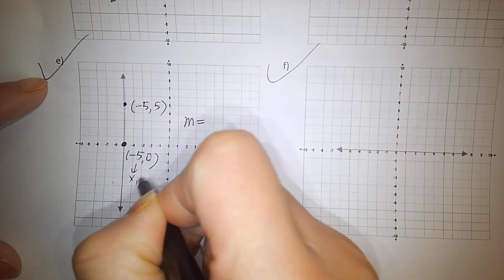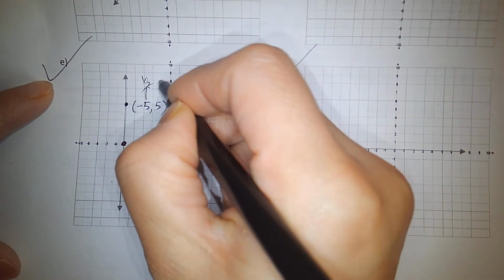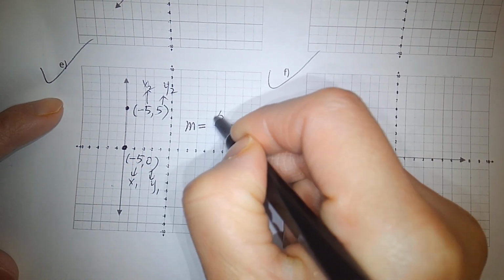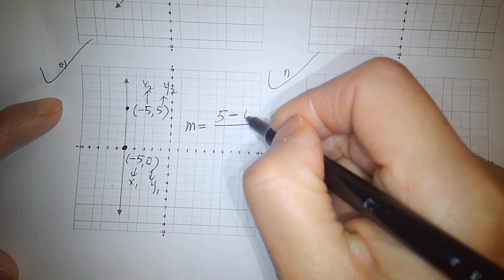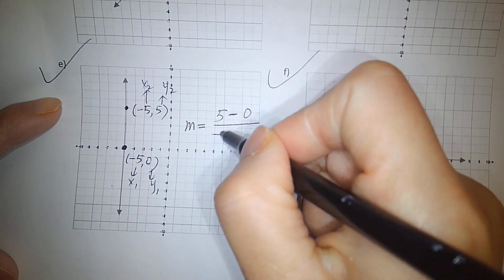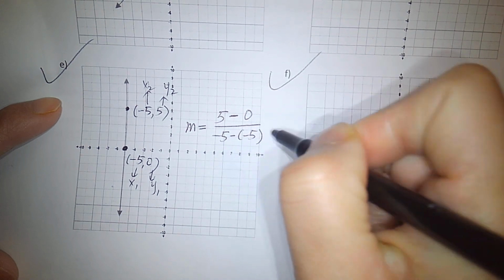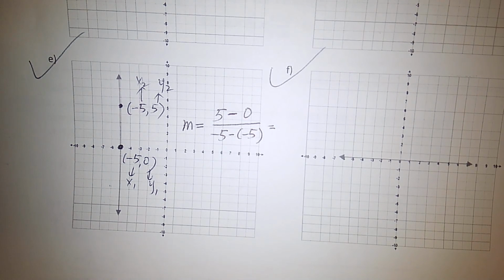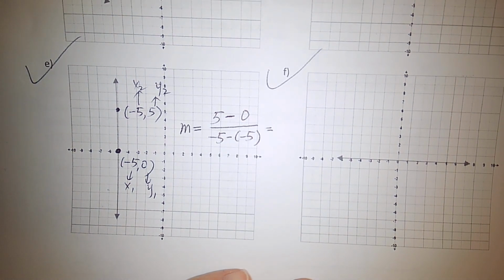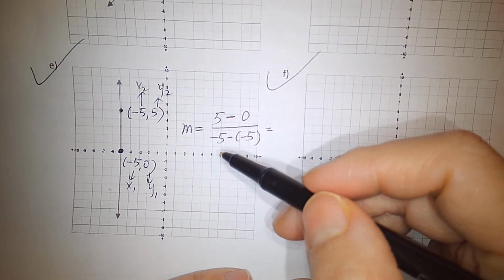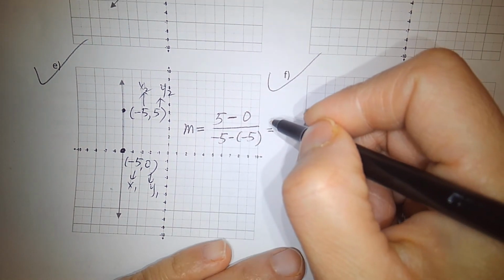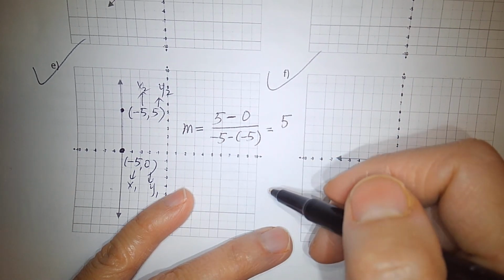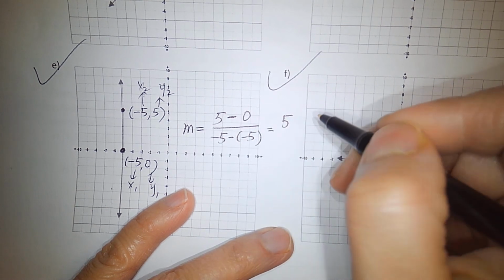I use the lower one for x1, y1, the upper one for x2, y2. So y2 is 5, minus y1 which is 0, over x2 which is -5, minus -5. 5 minus 0 is 5. What is -5 minus -5? 0, right? Yes, you're right, 0.